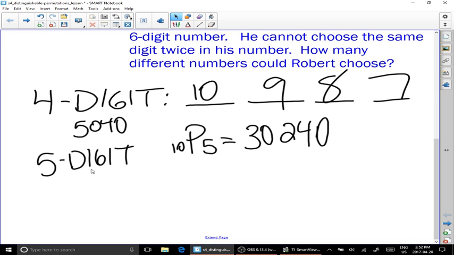So we can write it out pictorially like we did for 4-digit numbers, or we can use permutations like we did for 5-digit numbers. They're both doing the same thing. So how do we find out how many 6-digit numbers Robert could use? Ten pick 6.